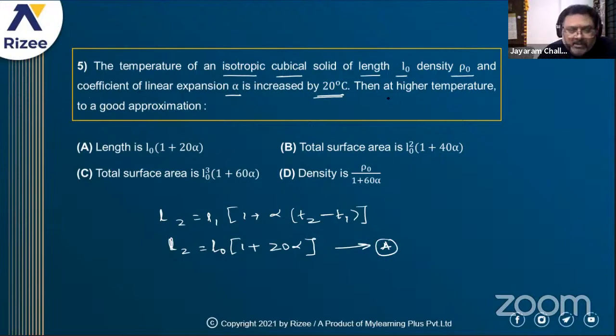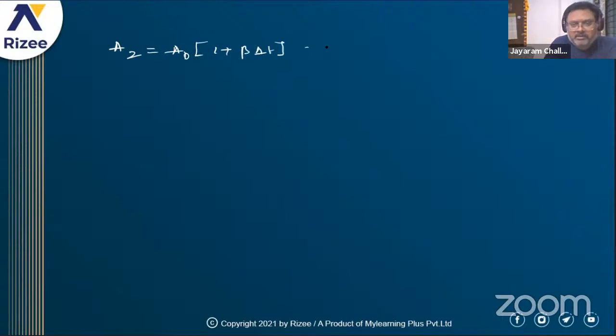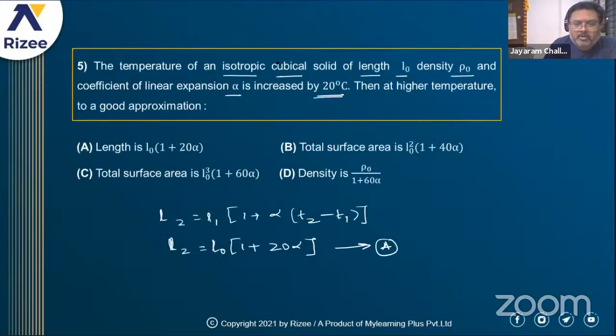Fine. Now he is asking for the total surface area. How can you write the total surface area formula? The general formula of the total surface area is A2 equal to A naught into 1 plus beta into delta T. Beta can also be written as 2 alpha, and since it's a cubical solid, area A naught is equal to L naught square.